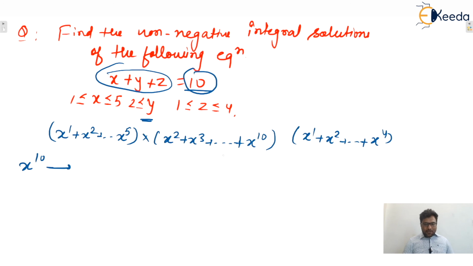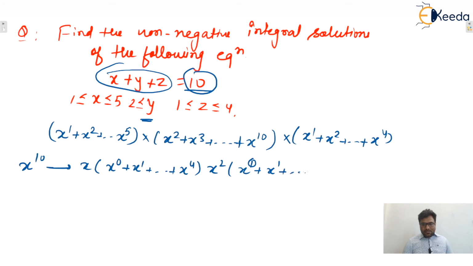After multiplication, all these are finite GP series. So sum of GP will be what? Just take x as common. So this becomes x into x power 0 plus x power 1 up to x power 4. Then again take x square as common. So this becomes x power 0, then x power 1.